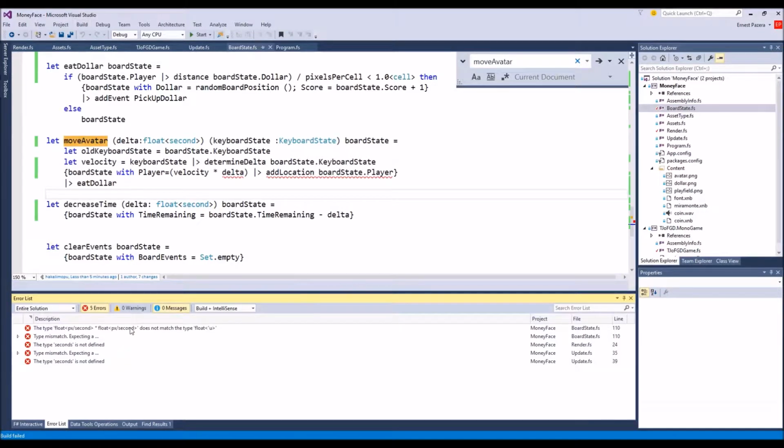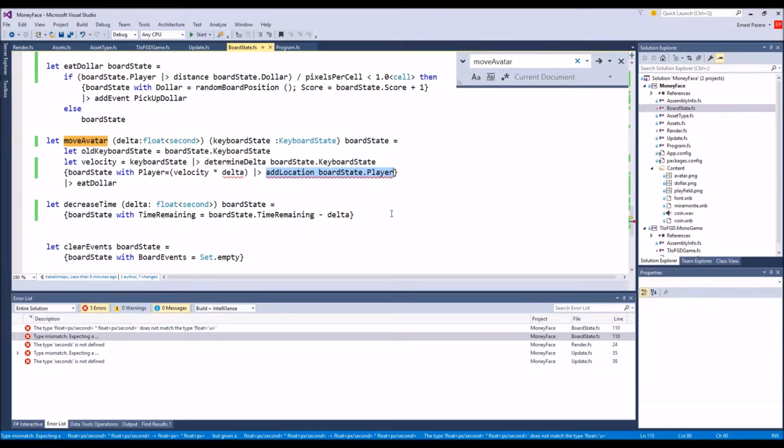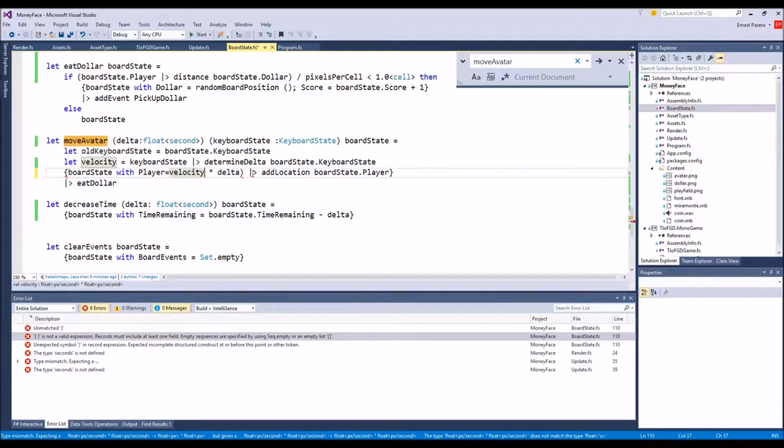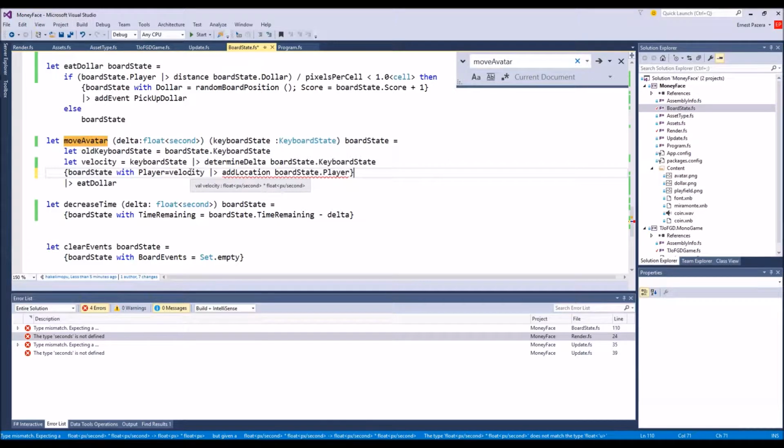Okay, what don't you like? What's delta? I got velocity. Okay, so here's velocity. I see now.